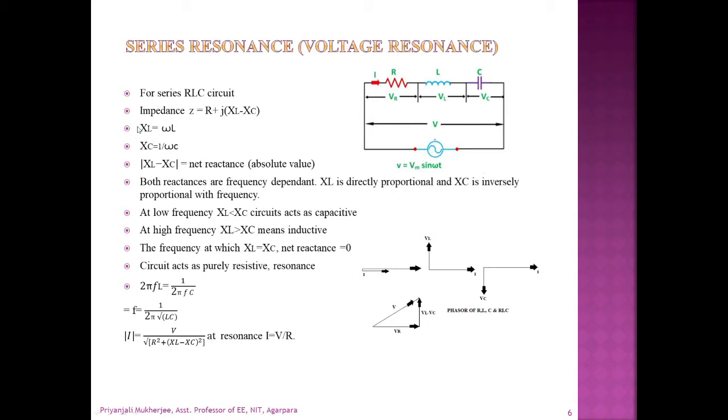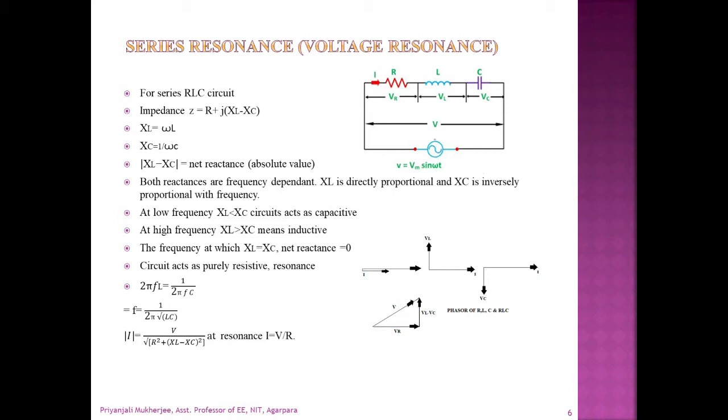Now, from these equations, XL equals 2 pi fL and XC equals 1 by 2 pi fC, we can say that both reactances are frequency dependent. The inductive reactance XL is directly proportional to the frequency, whereas the capacitive reactance is inversely proportional to the frequency.